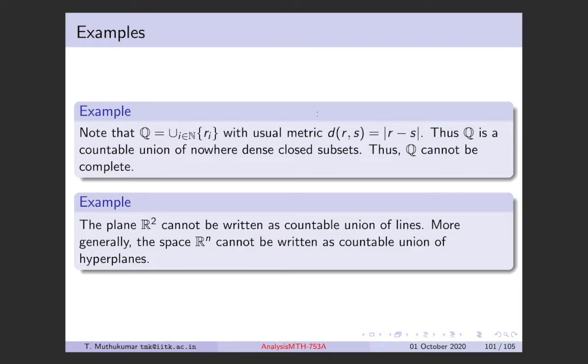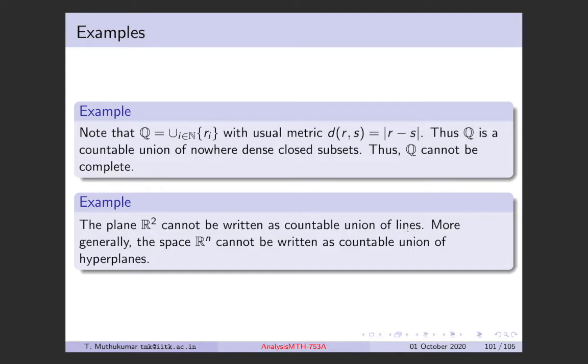The other example is for the second part that we proved: R2 cannot be written as a countable union of lines. In this case, we know that R2 is actually a complete metric space, and R2 cannot be written as a countable union of lines because a line is a set with empty interior.